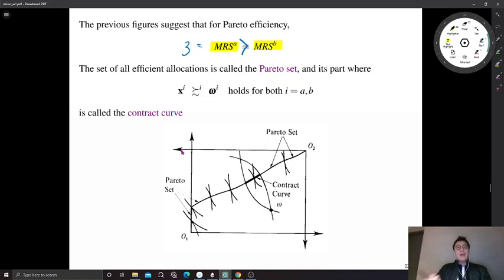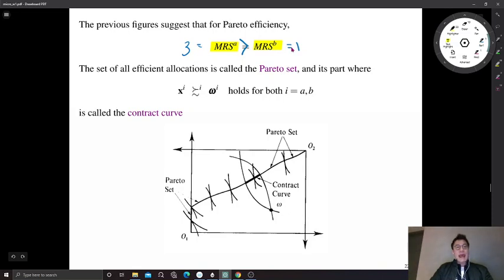He can give up 3 units of good 2 for obtaining 1 additional unit of good 1. And suppose that MRS B is 1. That means consumer B's exchange ratio is 1 to 1. Then we can easily figure out there is a way to make both consumers better off in this case.